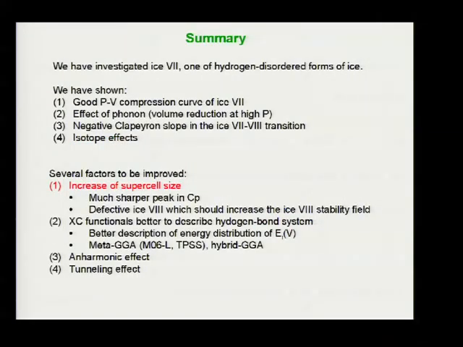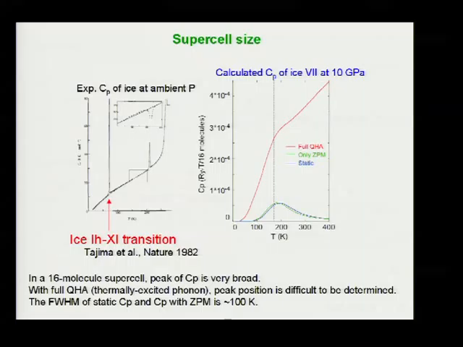Now we think there are four points, and among them, the size of the supercell is, I think, the most important. This is the experimental heat capacity for ice Ih, but this is the calculated heat capacity for ice VII. As you can see, the experimental heat capacity peak is very sharp, but in our calculation the heat capacity peak is not sharp at all.